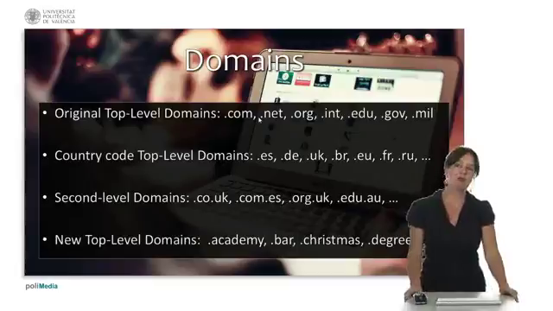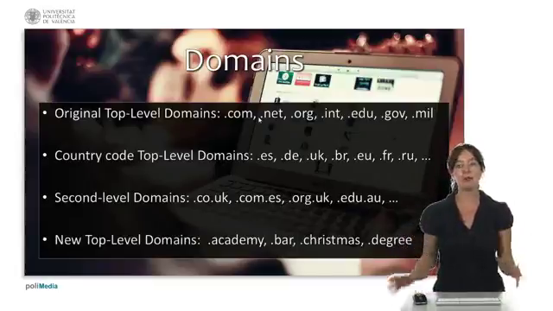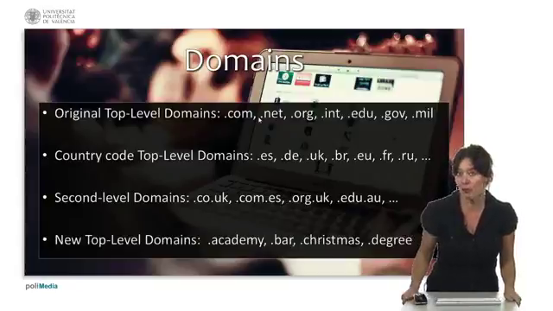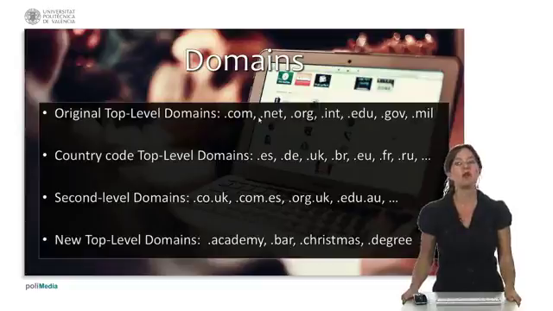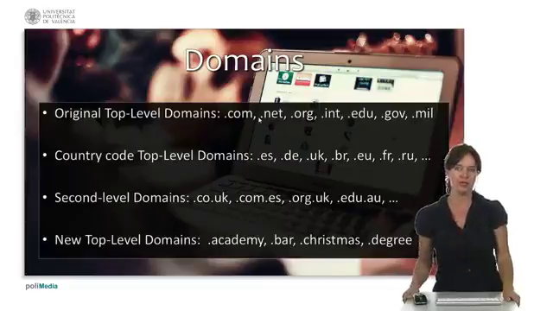There are different types of domains. Generic top-level domains are managed by the Internet Assigned Numbers Authority, the IANA, and the management of country code top levels is delegated to specific organizations in each country.